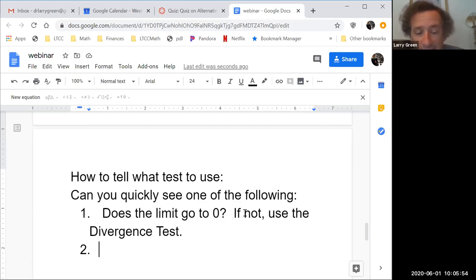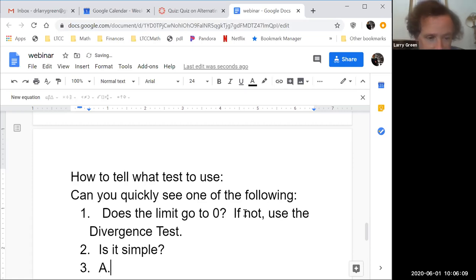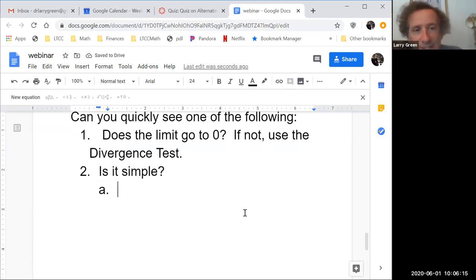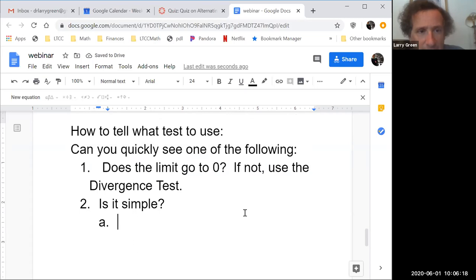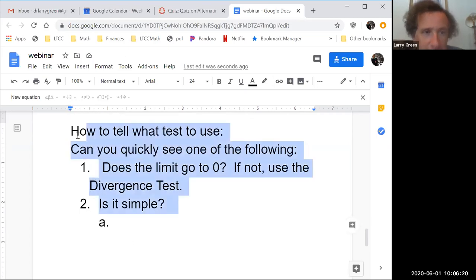Another one is, is it simple? And simple means A. That won't let me do that. Oh, I know. How about this? That worked. A. I don't think we need to make it big, otherwise we'll run out of room on the screen.